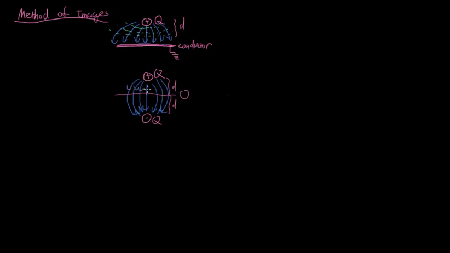Therefore, if you look at this situation, the field lines for the upper half look exactly the same, and you don't really care about what happens to the lower half. But what that means is that if I have a grounded conductor and I'm trying to calculate what the field lines look like due to this positive point charge, I can just place the mirror image.